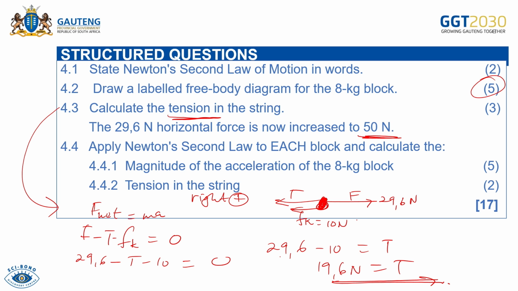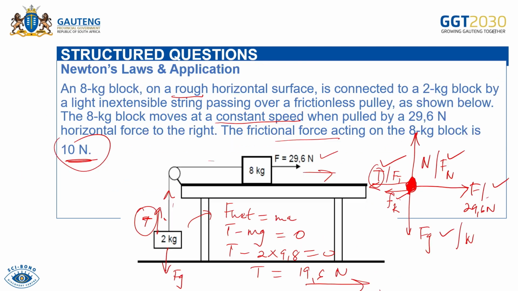So here tension is 19.6 newtons. In which direction? From the free body diagram, to the left. Calculate the tension in the string. So it's to the left if we are using the 8 kilogram block. If we are using the 2 kilogram block, the tension is acting upwards.